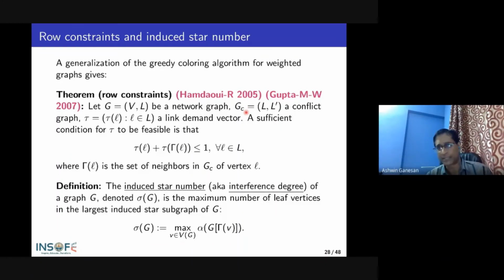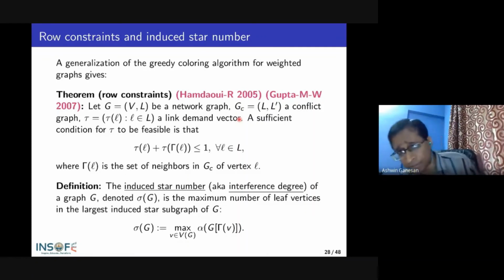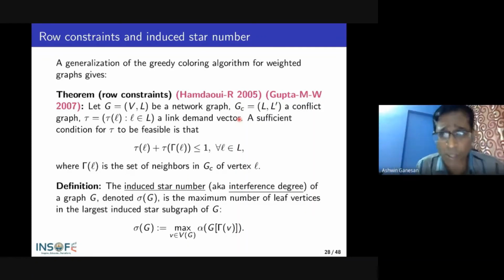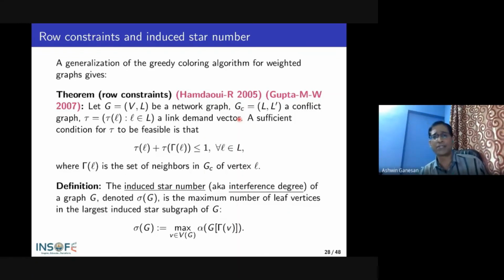It's 1 plus delta. That's a well-known result, and you can prove it by doing a greedy coloring of the vertices of a graph. You order the vertices in any manner, and you assign to any vertex the smallest positive integer color which has not been assigned to any of its neighbors.